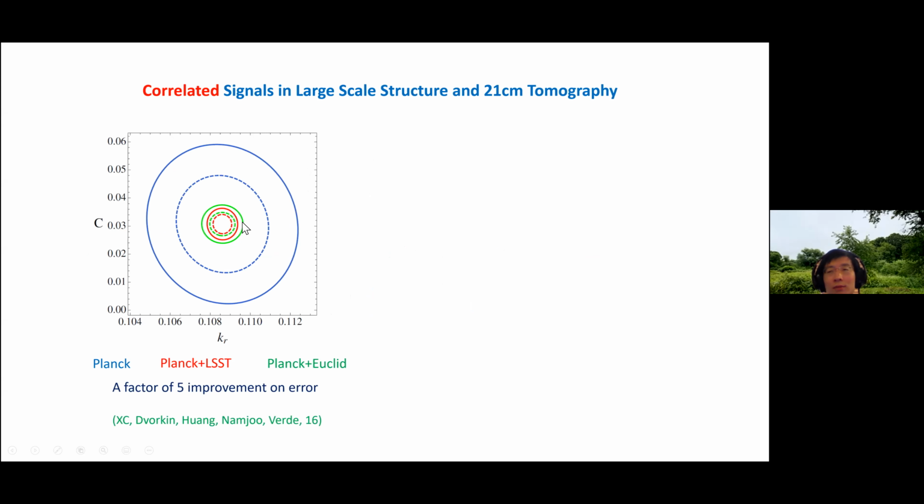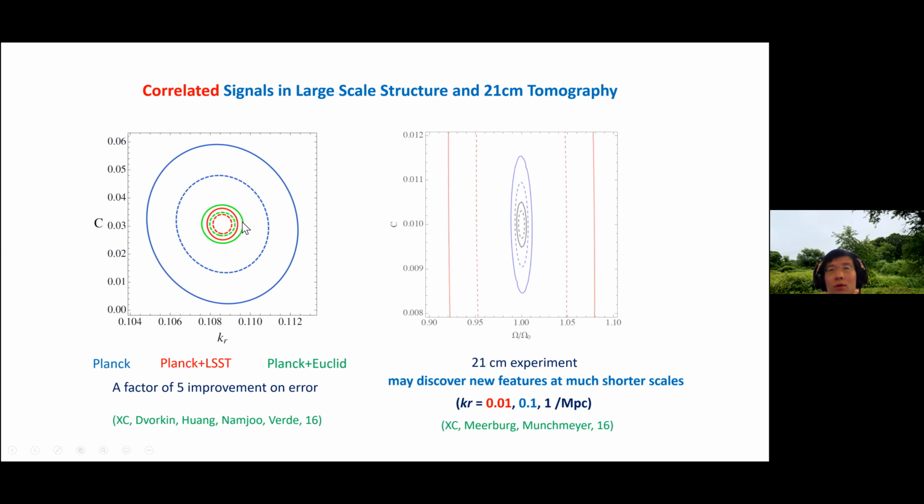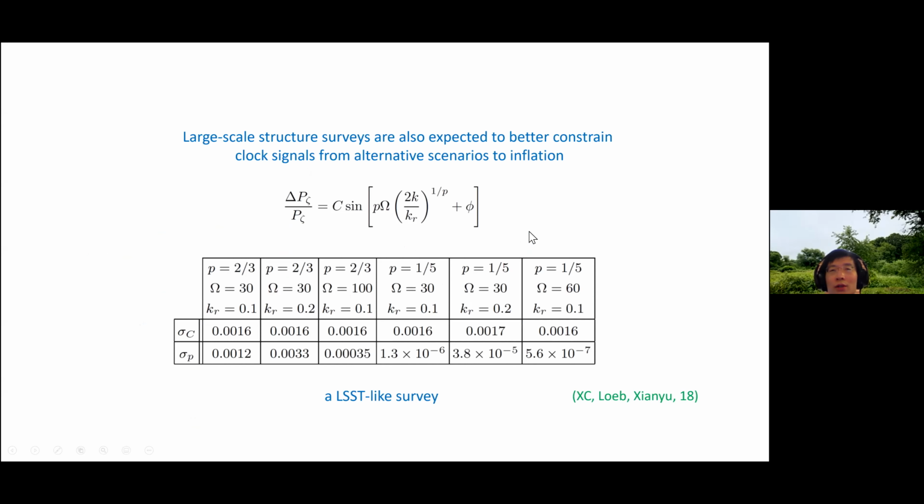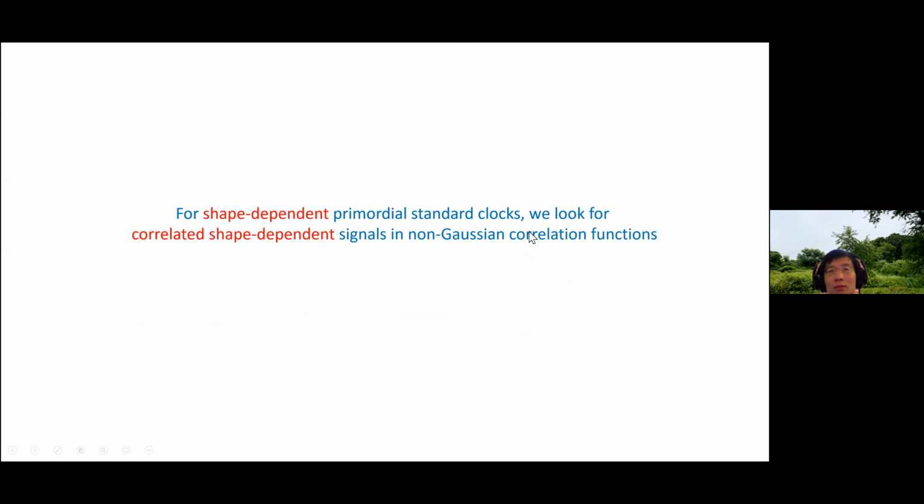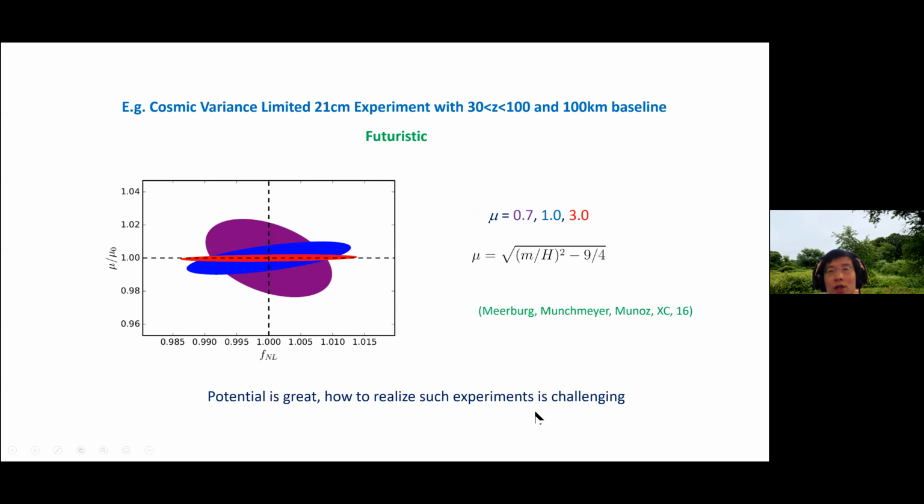More futuristic are the 21 centimeter experiments, which will provide many more modes and much tighter constraints. But this is challenging: the potential is great, but those experiments are very challenging.